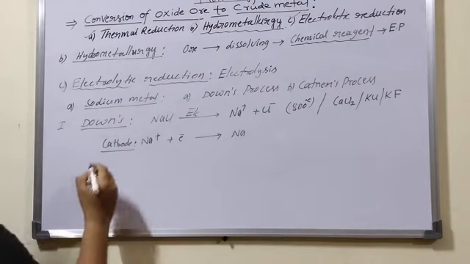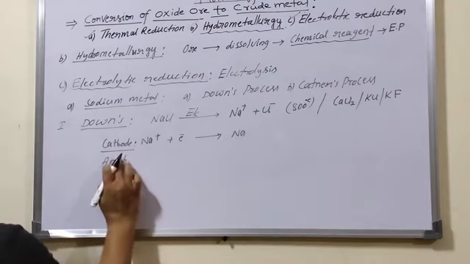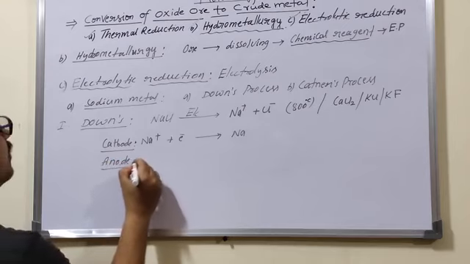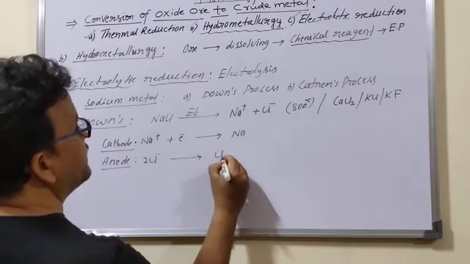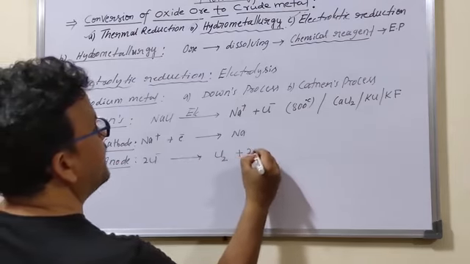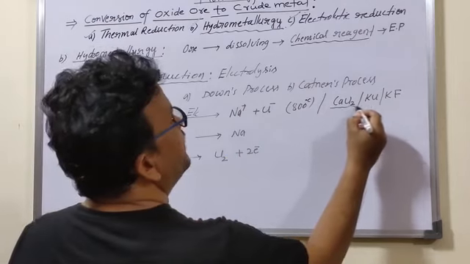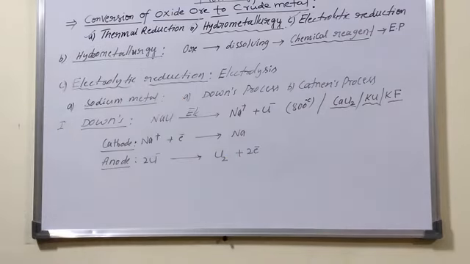And the chloride ions are attracted by the anode, and we get chlorine gas by losing 2 electrons. Remember, the role of calcium chloride, KCl or KF is to reduce the melting point and also increase the conductivity.